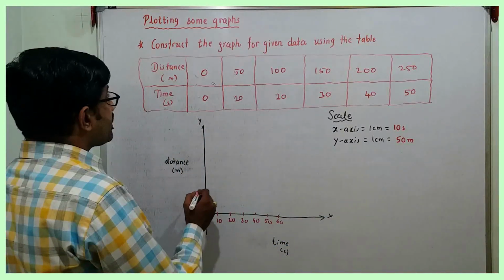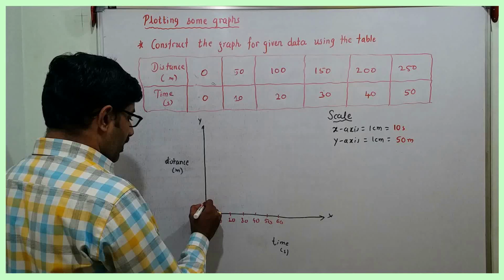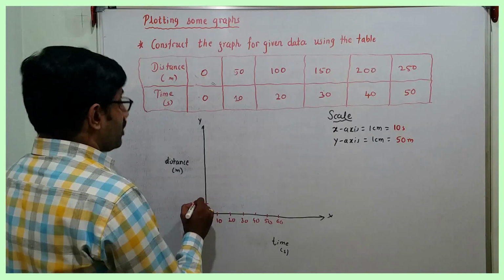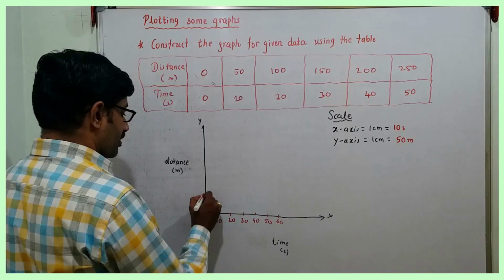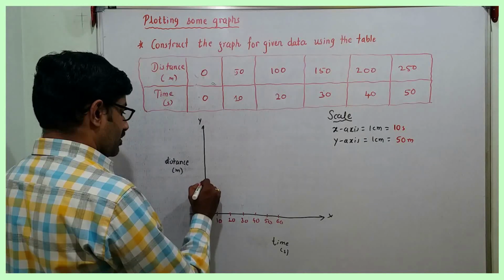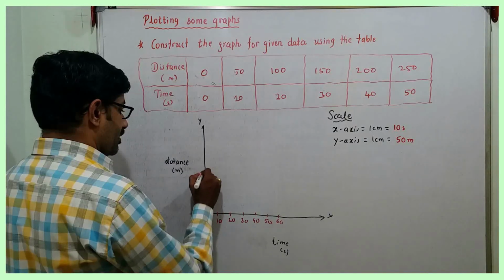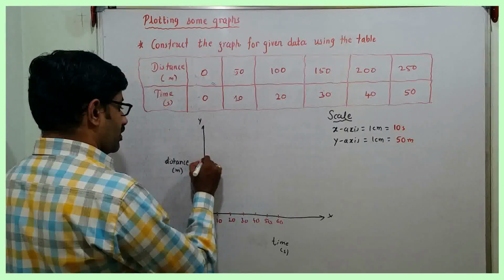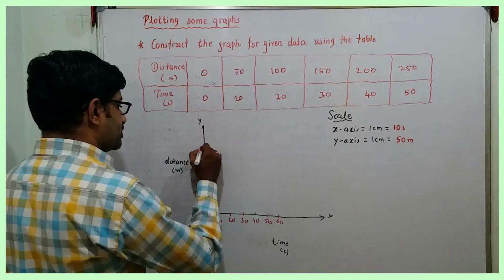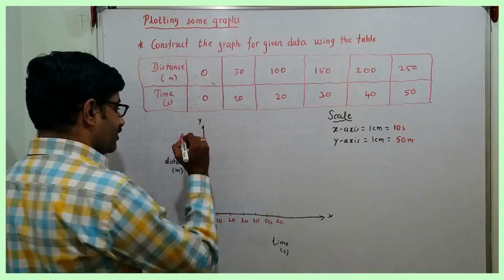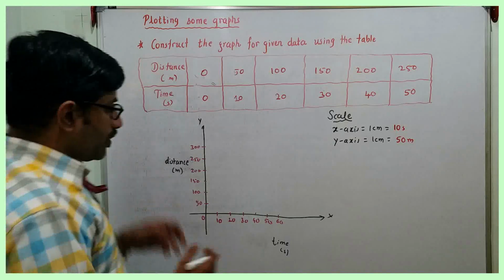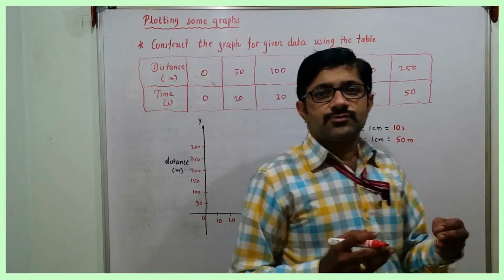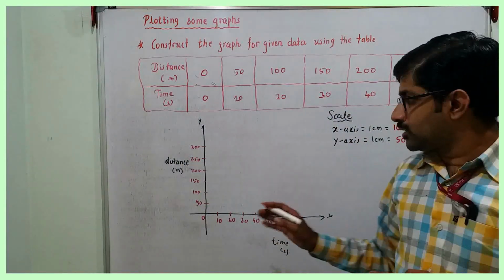And similarly, for the y-axis we have 50, 100, 150, 200, 250, just to take 300. So we have these values adjusted into the graph.